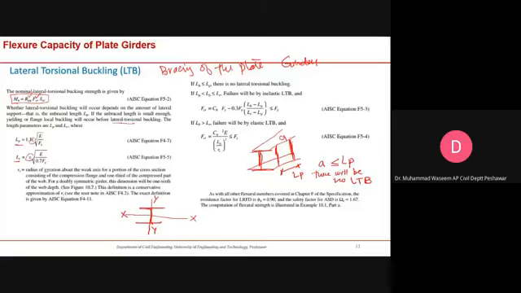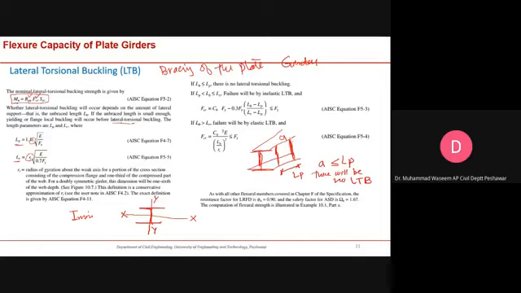So you have to use the r value which is the minimum, okay? Radius of gyration about the weak axis, and the weaker axis is that axis which gives you the minimum moment of inertia, okay?